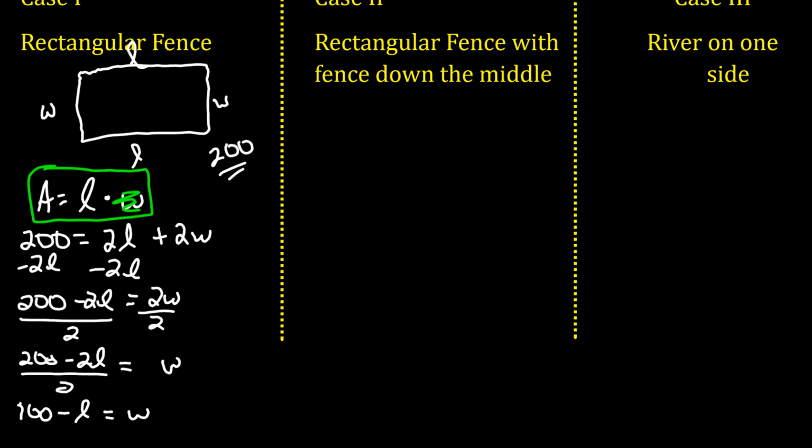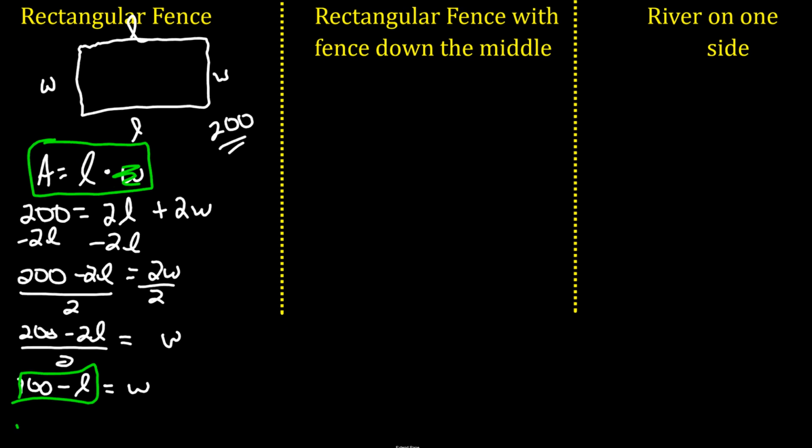I'm going to plug 100 minus L in for W. So what I'm going to put into Desmos is area equals length times width, but the width is 100 minus the length. So we're going to type that into Desmos.